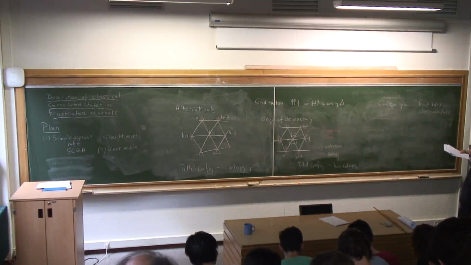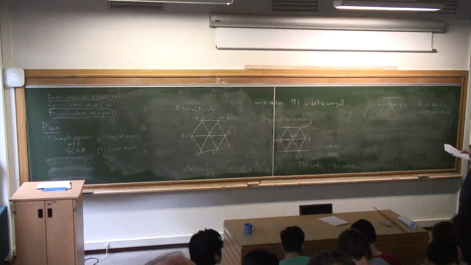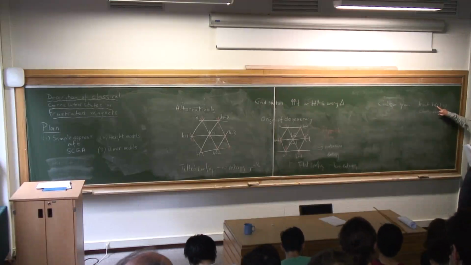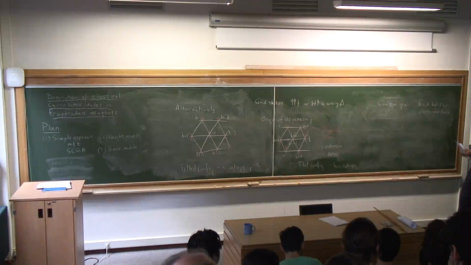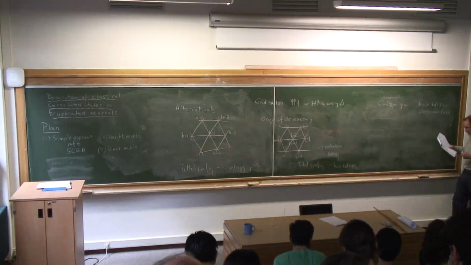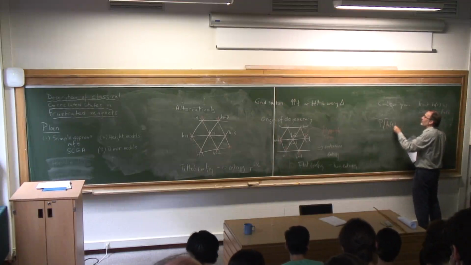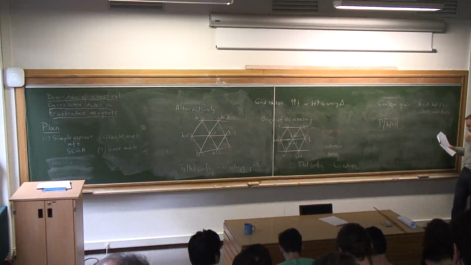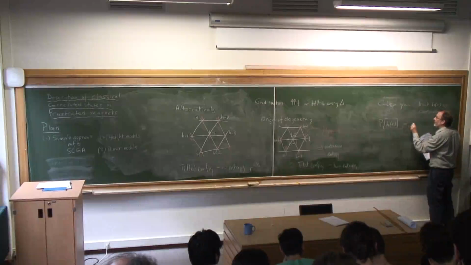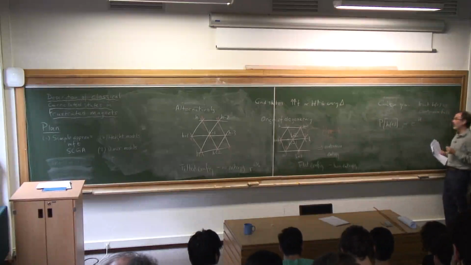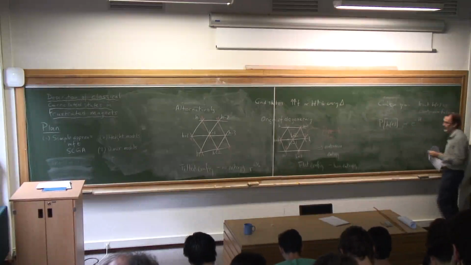And continuum comes in 2 senses. I'm thinking of this coordinate now as living in the continuum, although with some short distance cutoff, and I'm thinking of H as taking continuous values. And then we'd like to know what the probability distribution is for H, so we can think of this as a Boltzmann weight with some effective Hamiltonian.